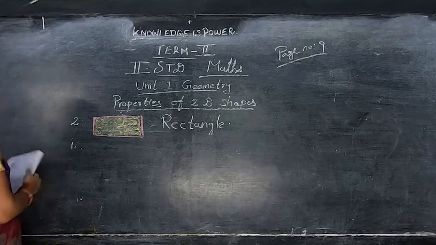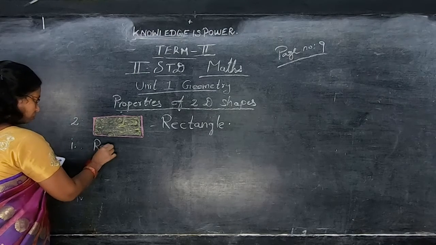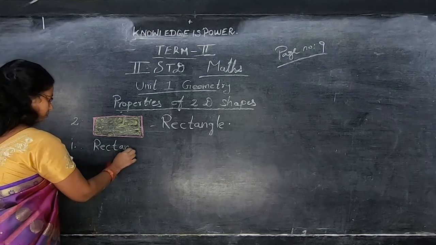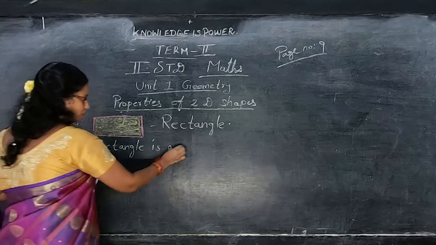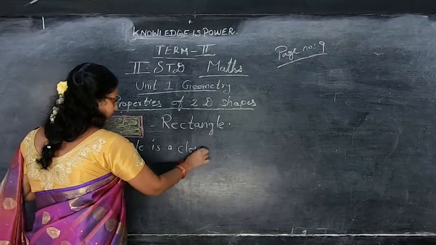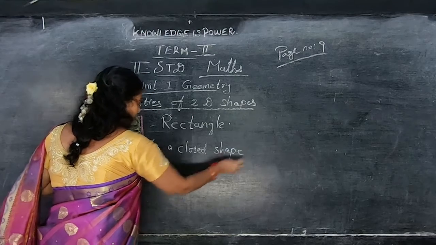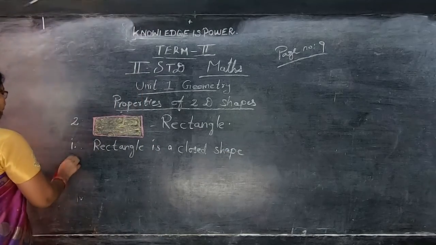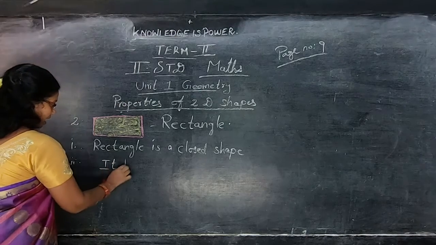First point: rectangle is a closed shape. Point number 2: it has 4 corners.